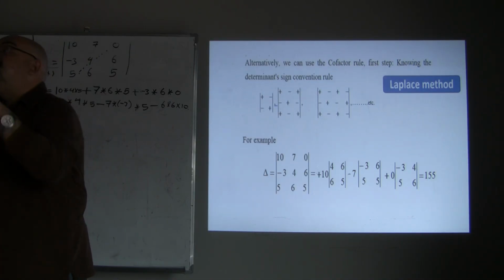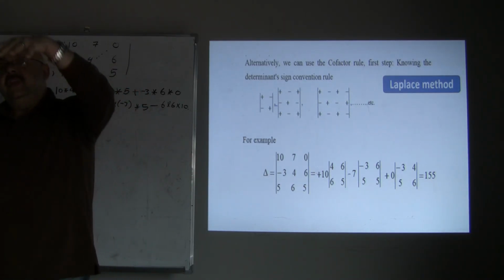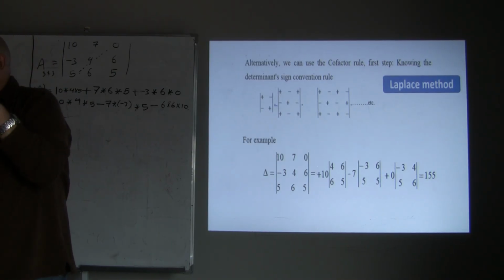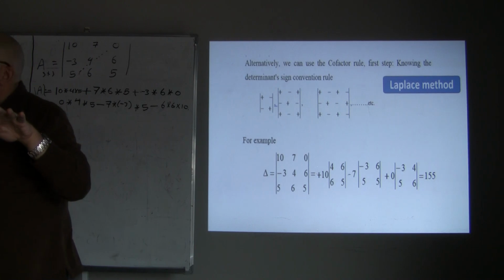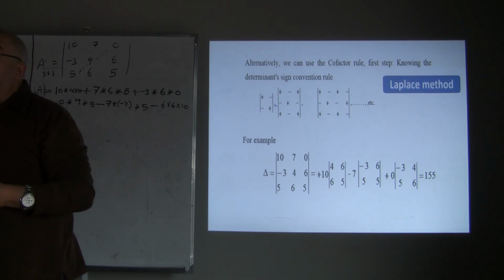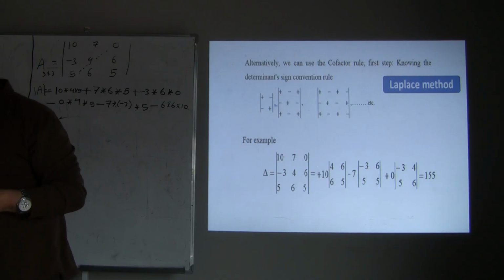So if you insist on using this method also, the 4 by 4 determinant will be 4 3 by 3, and every 3 by 3 you will expand into 3 2 by 2. So it's going to be 12 2 by 2 determinants. This is why you will have to understand very well how to play with Sarrus's rule and how to use Laplace rule.